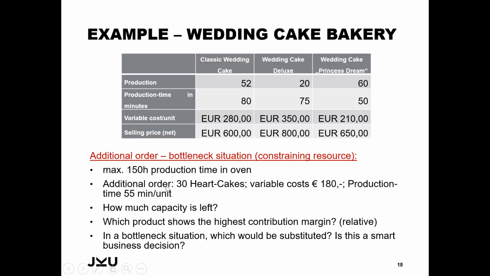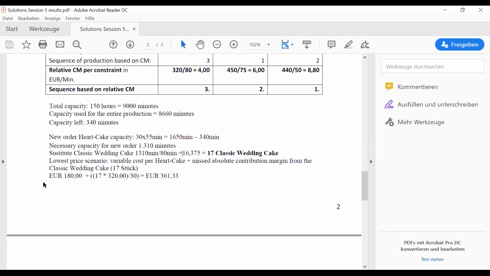We see here in our original slide that we have variable costs of $180. And in this case, we also see in the solutions that we take the $180, those are our variable costs, plus now we need to calculate our lost contribution margin, namely the contribution margin of those 17 wedding cakes that we are going to miss out if we take that additional order.